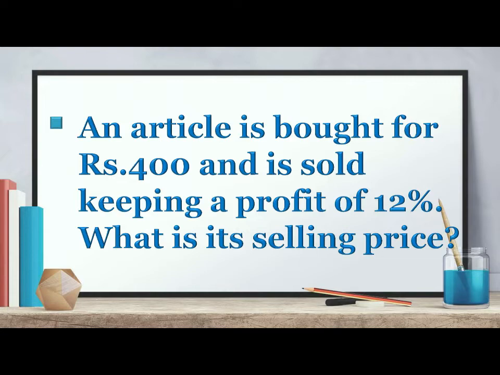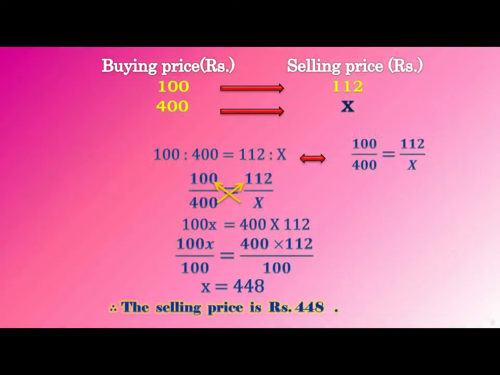And what is this 12%? When we consider the buying price is 400 rupees, we need to find the selling price by keeping the profit of 12%. We don't know the selling price, so I put x. So what is 12% given to us? Just imagine we bought an article at 100 rupees by keeping a profit of 12%.